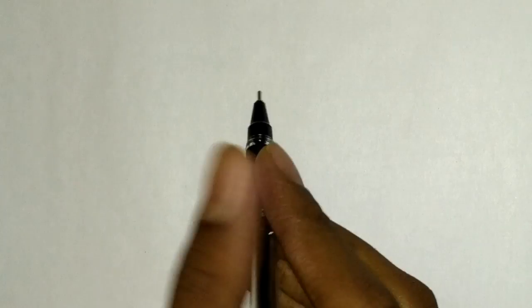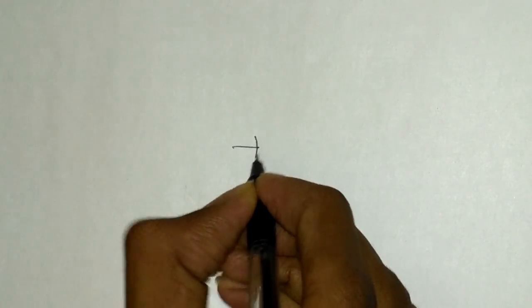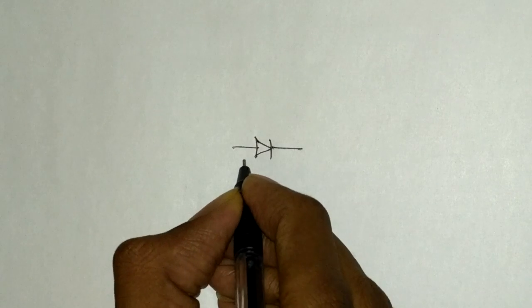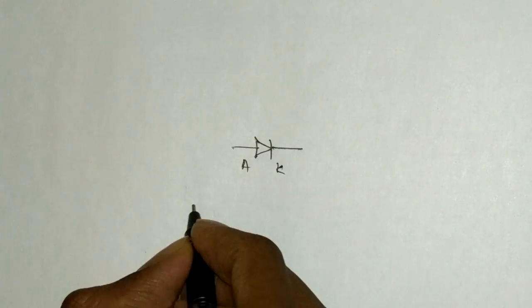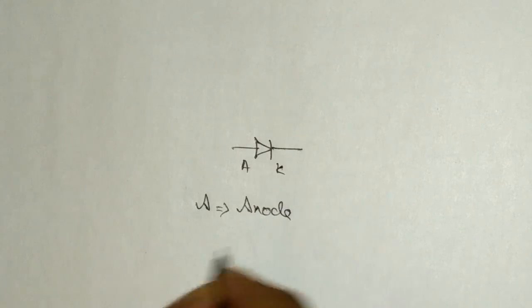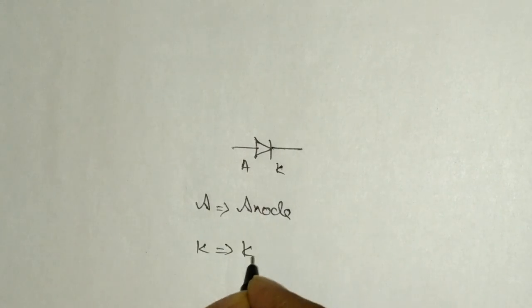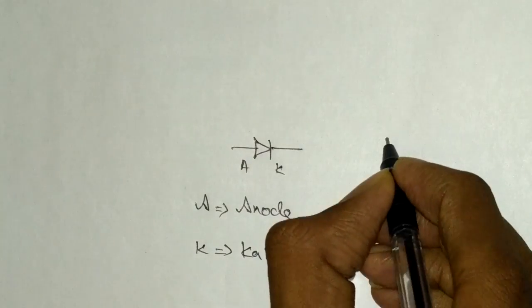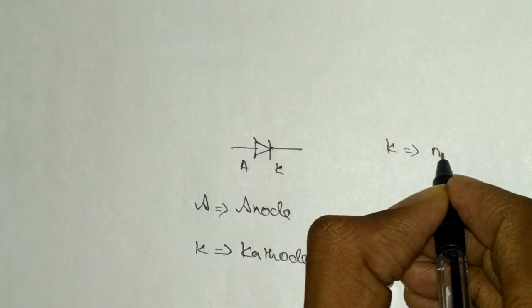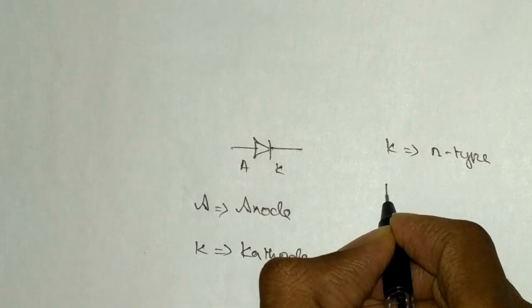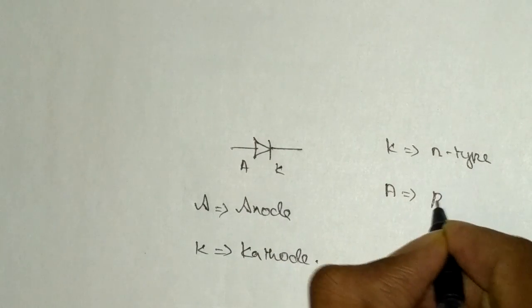First of all, we should know about the operation of a diode. The diode has two terminals, anode and cathode. The anode is represented as A and the cathode is represented as K. The cathode is the N-type material and the anode is the P-type material.